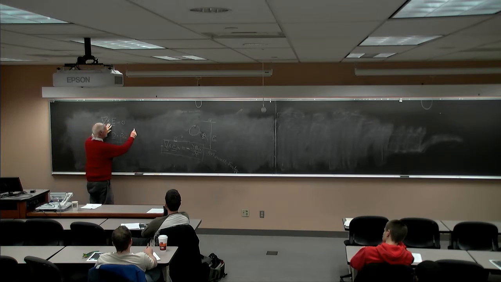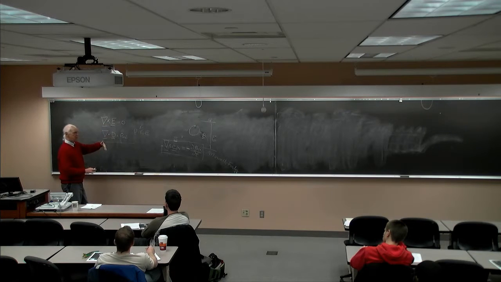If you realize that D is equal to epsilon, let's say we're in free space, epsilon 0 E, that's off to the side, that's called the constitutive relationship. You write that off to the side. But this is the property of it. It's called a conservative field, or a laminar field, or a curl-free field, depending what kind of discipline you are in. But this connects the field to the source of the field, and this describes the field.